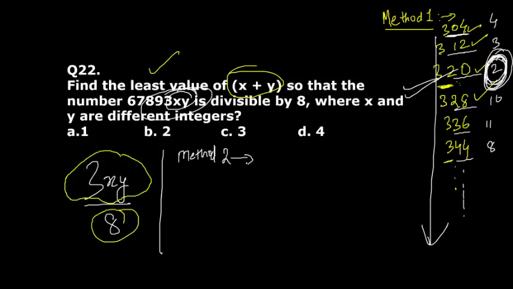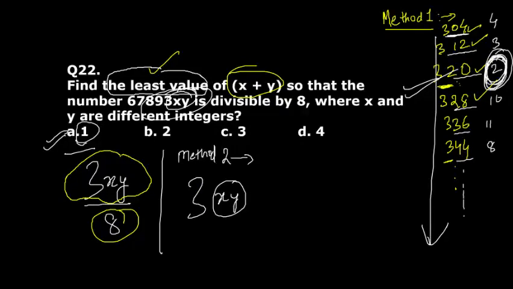Another method could be to go by the options, because it is asking to find the least possible value of x plus y. So let's try with the least possible, 1. So the sum of your last two digits is 1. How is that possible?